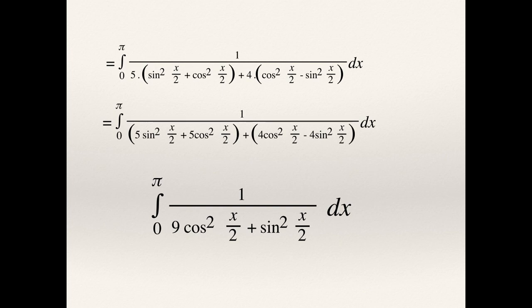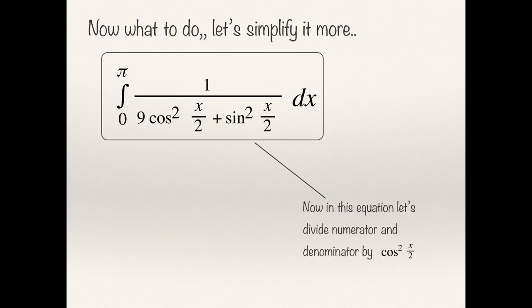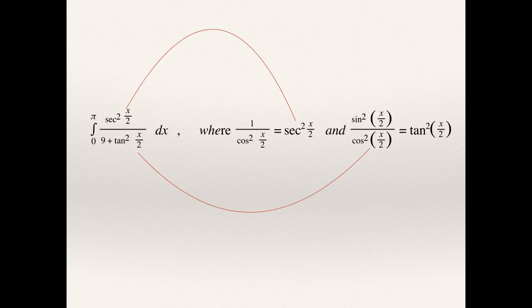Now there is a little problem here. We have to admit it, and we have to play with some tricks. The trick goes this way. If I divide numerator and denominator by cos square x by 2, I will get sec square x by 2 by 9 plus tan square x by 2.